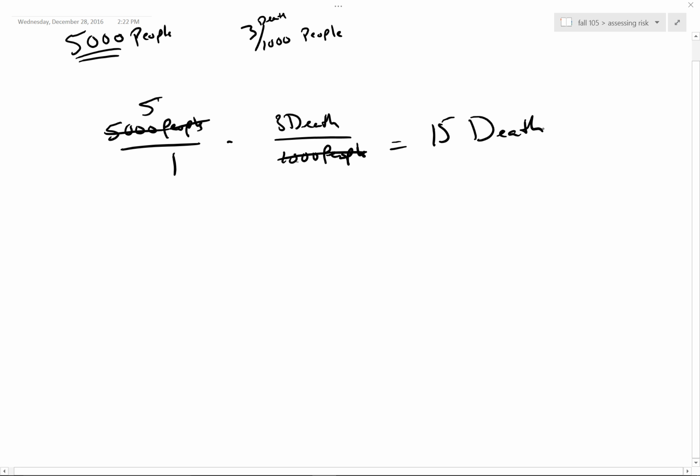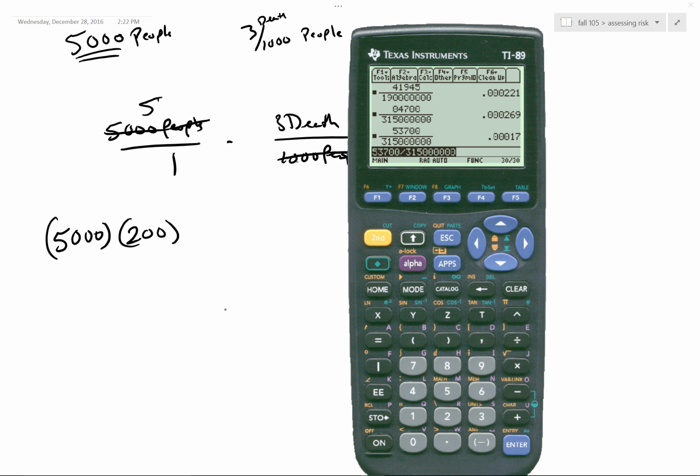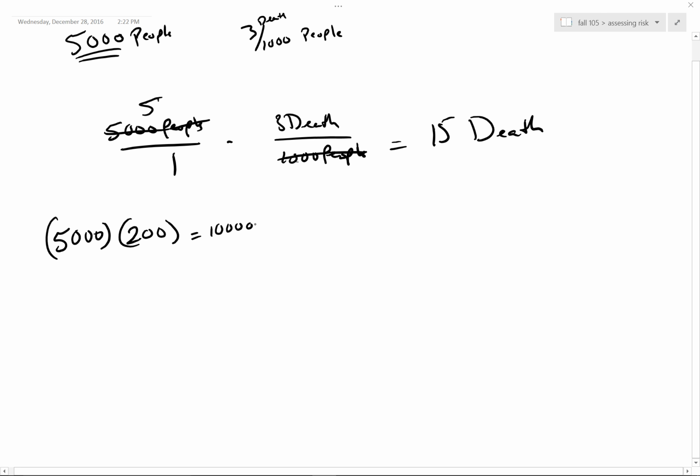If the premium costs $200 per year and the death benefit is $50,000, how much can the company expect to make or lose? Well, if it's 5,000 people and they're each paying in $200, that's how much money the company is going to be bringing in, which is $1 million. But they expect to pay out 50 grand per death.